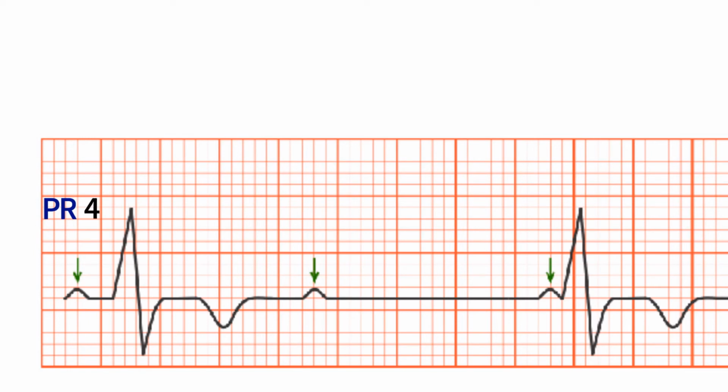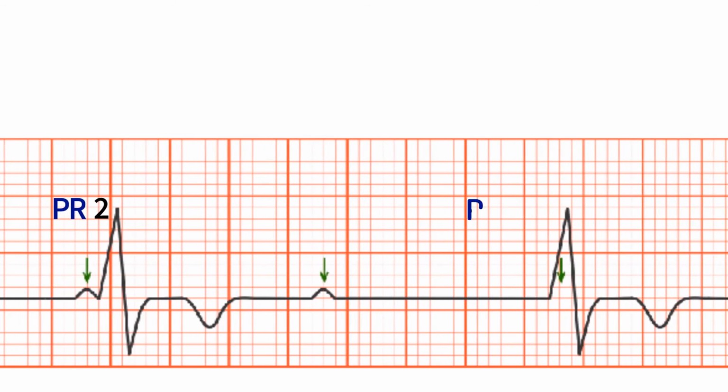QRS is almost normal, and the QT is not important here. Let's check the next one. PR interval was 1, 2, 3, 4 in the first wave, and in the third wave it's only 2. And in the fourth wave there is no P wave.